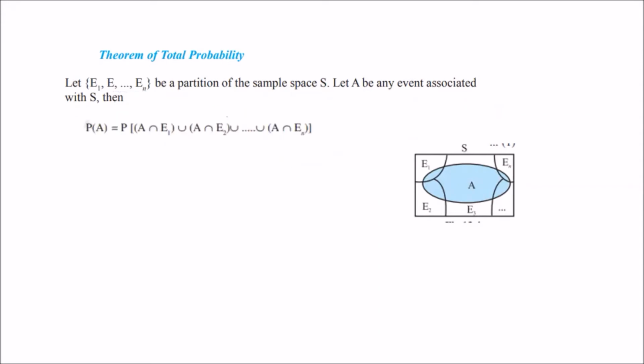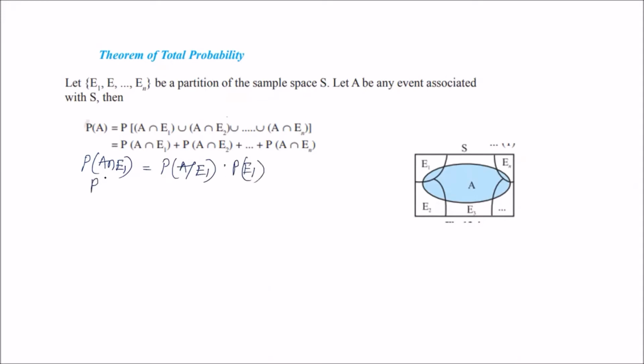So this is what we explained. Now we'll go for the theorem of probability. For example, P(A intersection E1) can be written as the probability of A given E1 times P(E1). You know this.